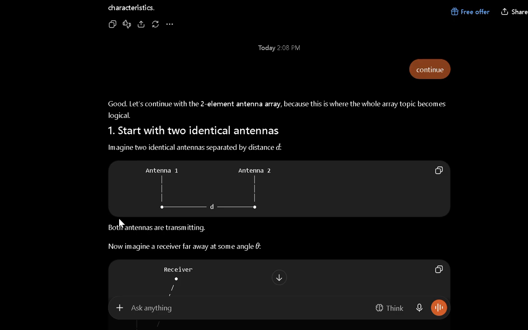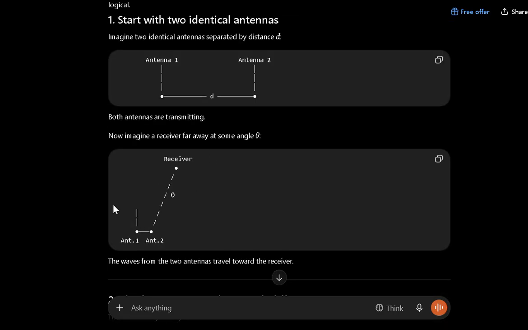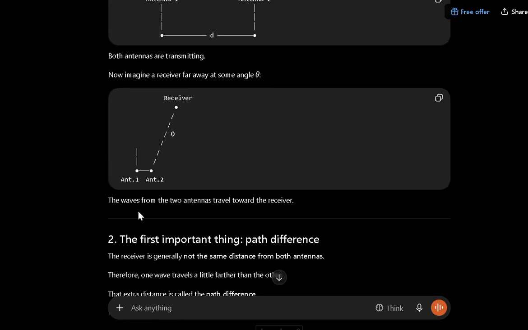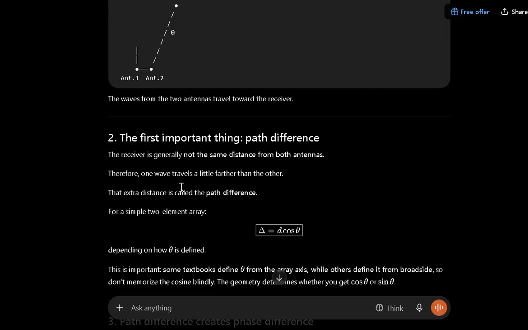Starting with two identical antennas, imagine two identical antennas separated by distance d. Both antennas are transmitting. Now imagine a receiver far away at some angle. The waves from the two antennas travel toward the receiver. The first important thing is path difference. The receiver is generally not the same distance from both antennas.